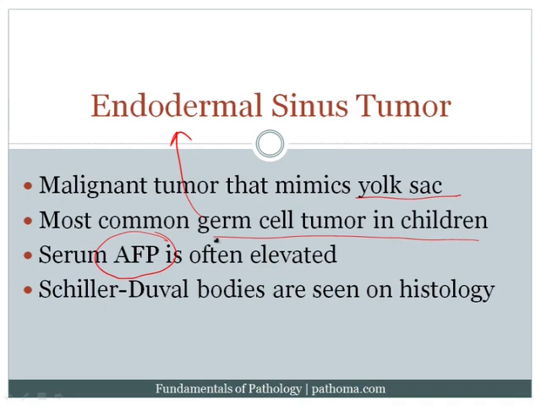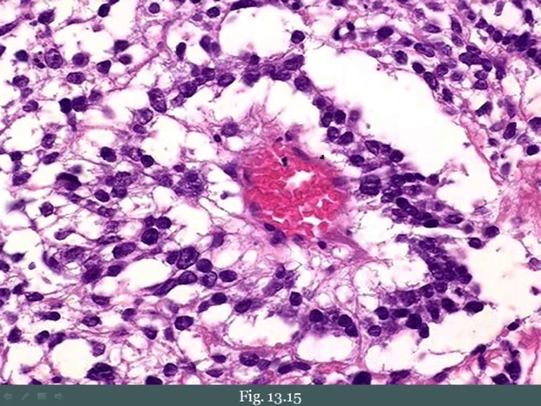And then finally, on histology, we see something called Schiller-Duval bodies. Now, Schiller-Duval bodies are what is classically described as glomeruloid-like structures. So they're almost glomerular-like, from the glomerulus of the kidney. And this is what it looks like. You've got a blood vessel in the center, and then you've got these cells all around that blood vessel that are organizing around it, and then you've got another layer of cells outside of that.